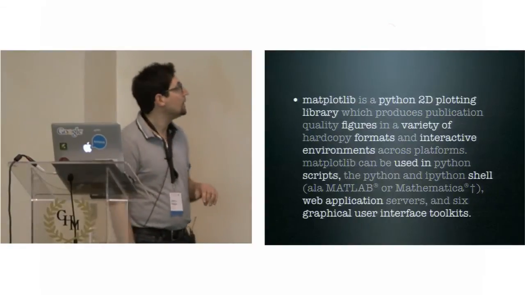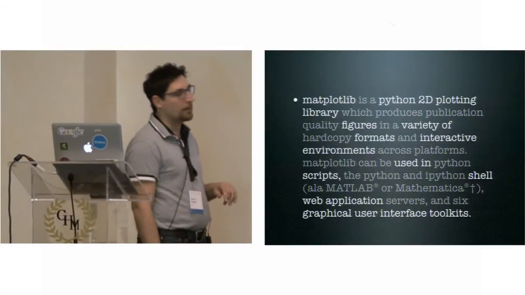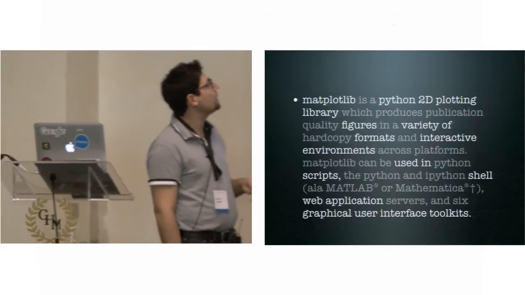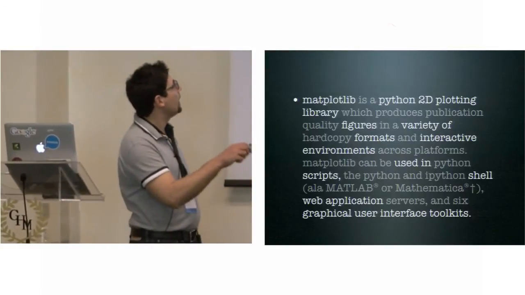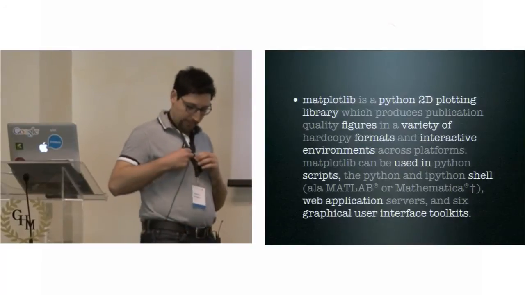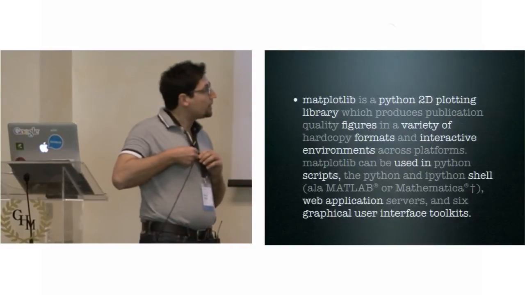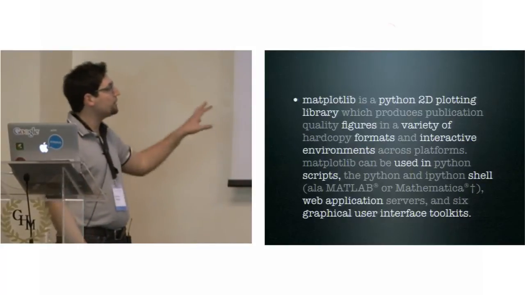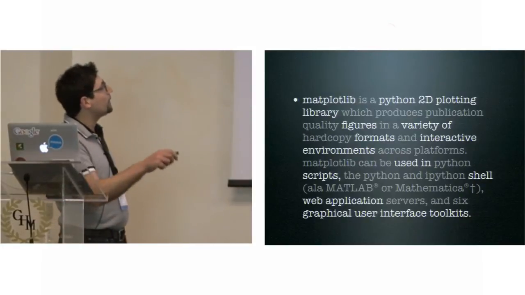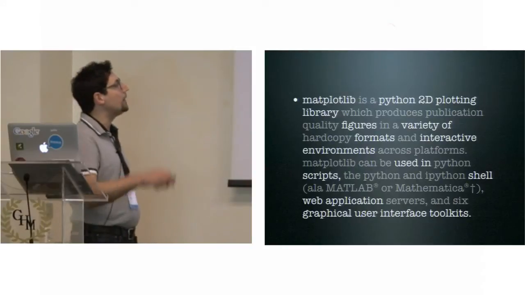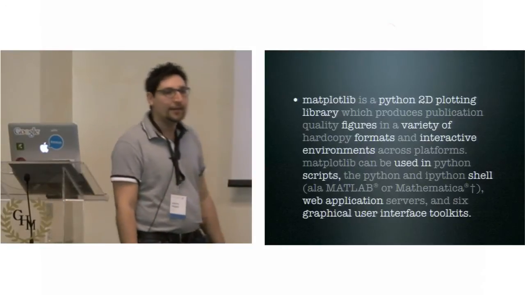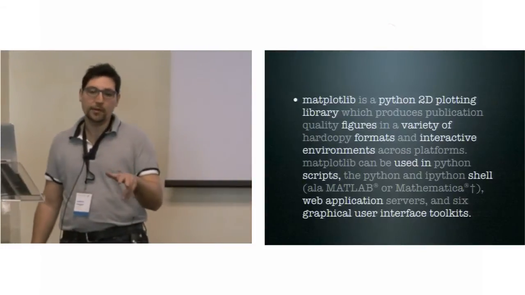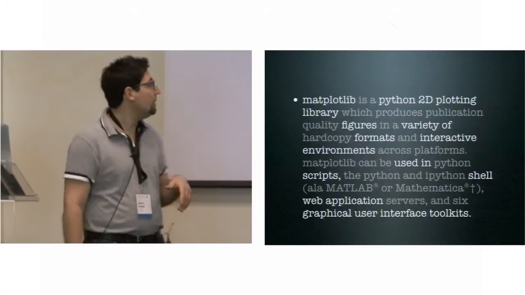So, this slide isn't helping me so much, but the idea is to identify the main features. The most important part in this definition is that, according to the website, it is a 2D plotting library. Indeed, we're going to see that we can also make 3D plottings with Matplotlib.